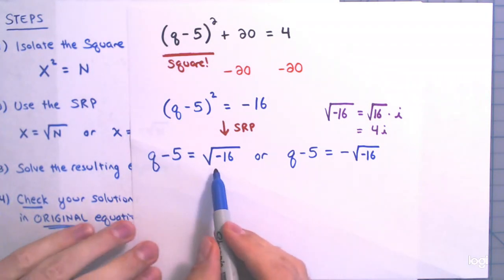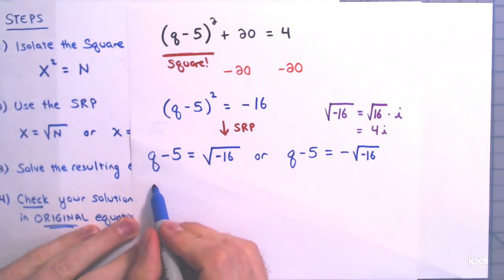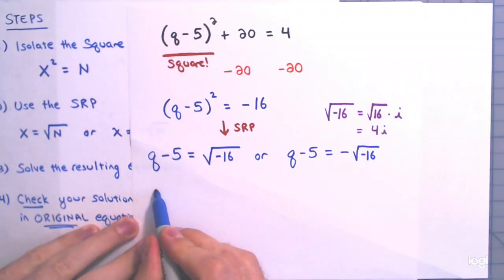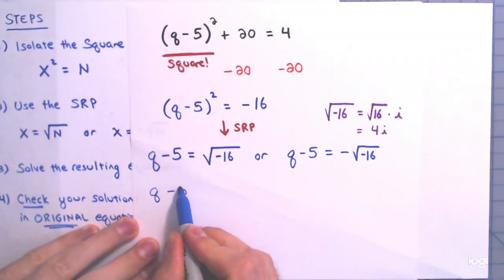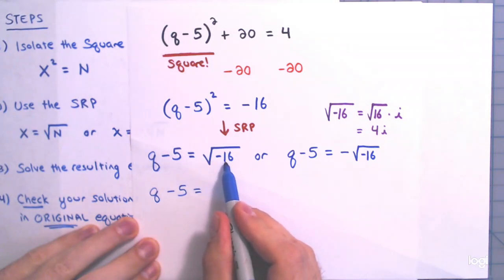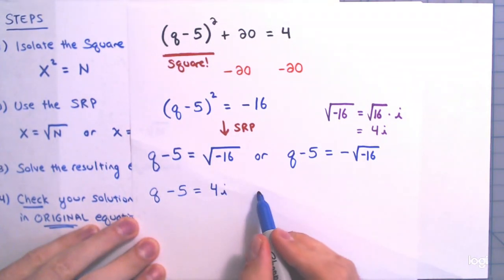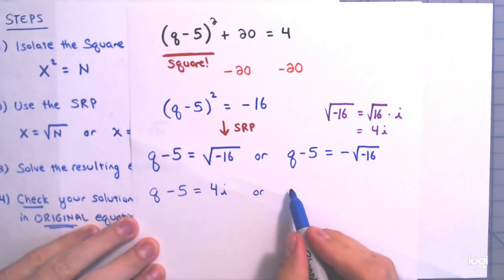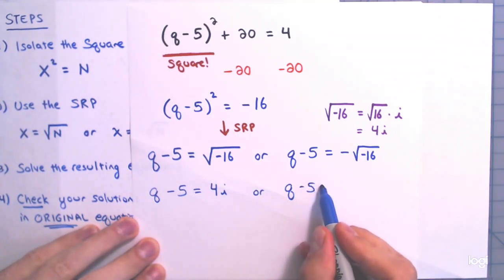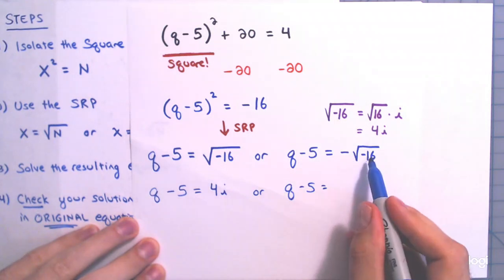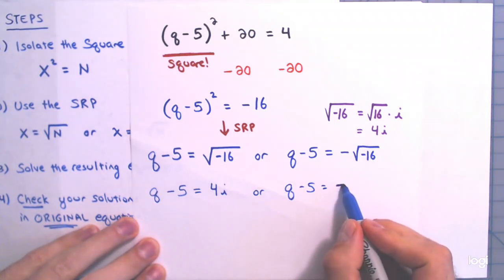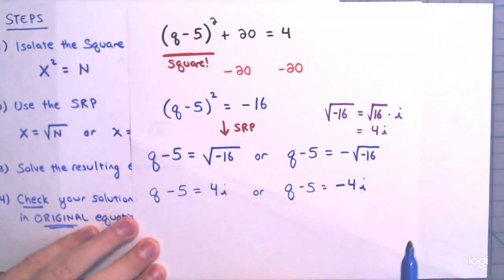All right, so rewriting that in my equations, this first equation on the left here, I have q minus 5 equals the square root of negative 16, as I said, is 4 times i, or 4i. Or this other equation, q minus 5, is the opposite of that, right? The opposite of the square root of negative 16, or negative 4i.